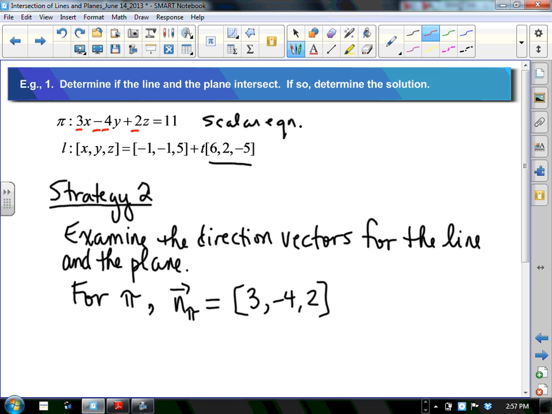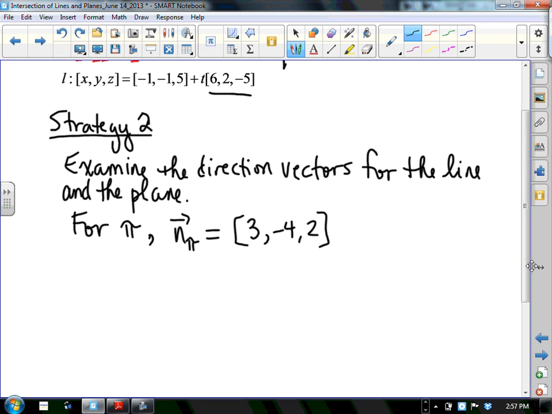of each of the terms in the scalar equation. Now, going back to this discussion here of vectors or direction vectors, we can see that for the line, I'll just denote it as L, its direction vector, we often used m. So m sub L in this case is (6, 2, -5).